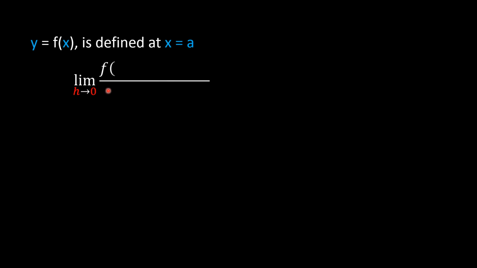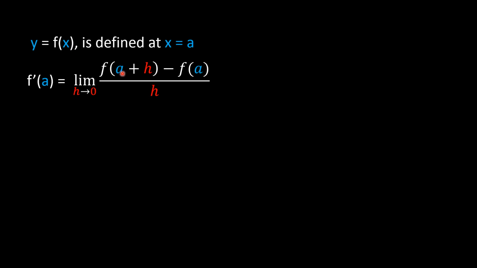Suppose y equals f(x) is defined at a real value x equals a, then the limit of f of a plus h minus f(a) upon h as h approaches 0 is known as derivative of f(x) at x equals a, and it is denoted as f dash a. So f dash a equals limit of f of a plus h minus f(a) upon h as h approaches 0.